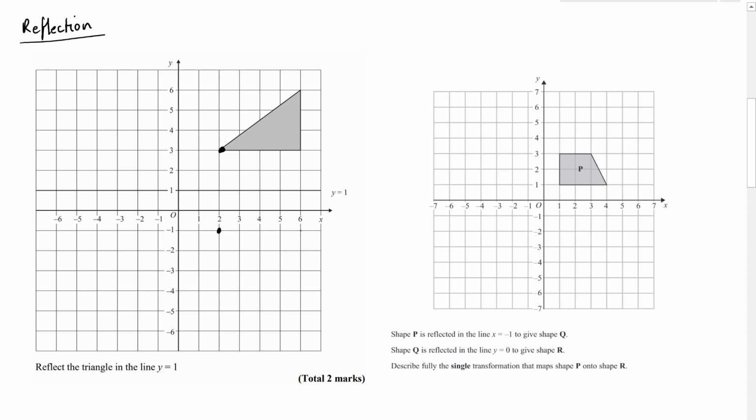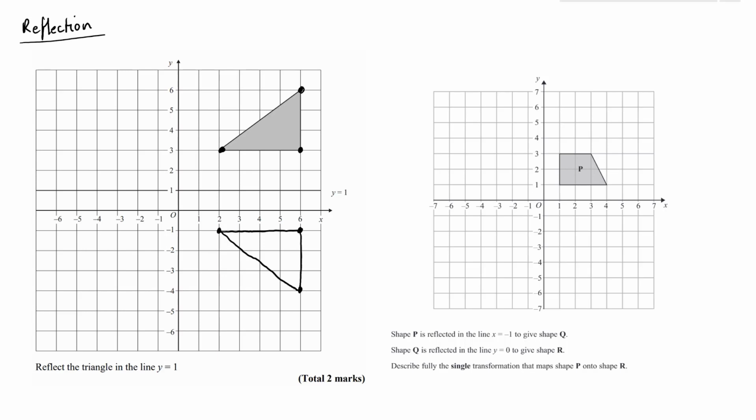Then we could relate this point here to that point up there, because they're both 2 away. And this point up here is 5 away, so it would have to be down here, which would also be 5 away. And then you would just draw the rest of your shape, and that's your reflected triangle.